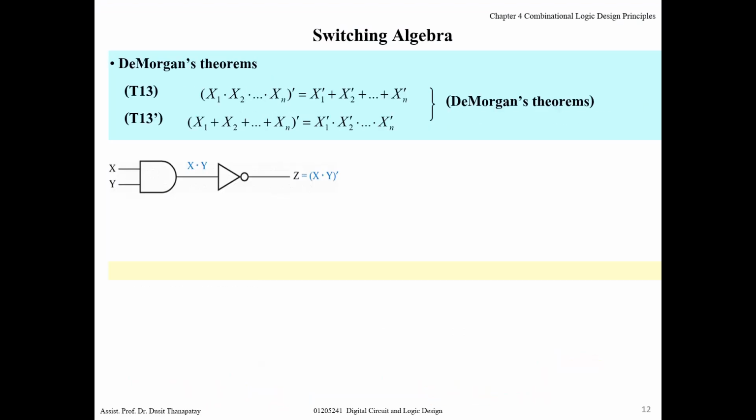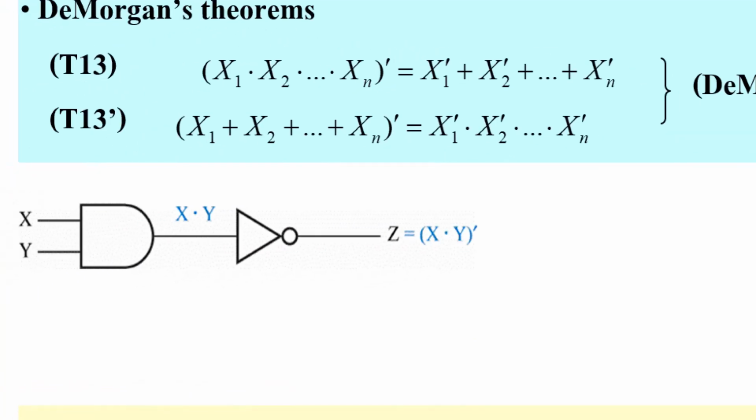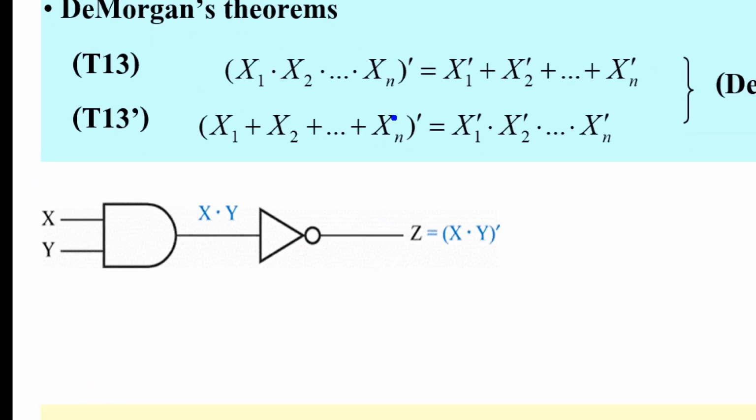Okay, and for De Morgan's theorem, it is something like this. For example, maybe in junior high school or high school, you used this symbol to invert p and q.